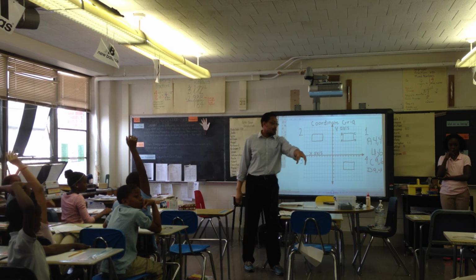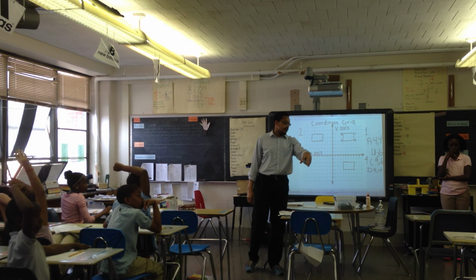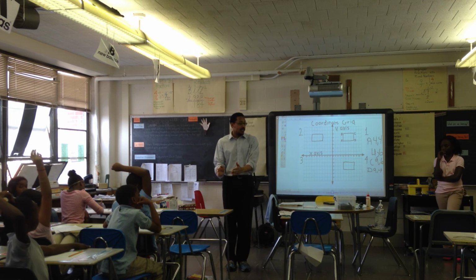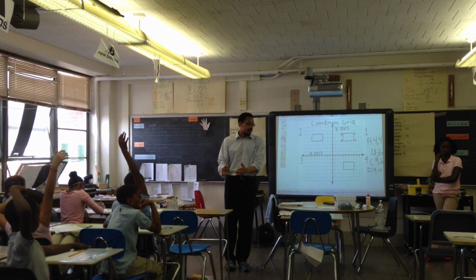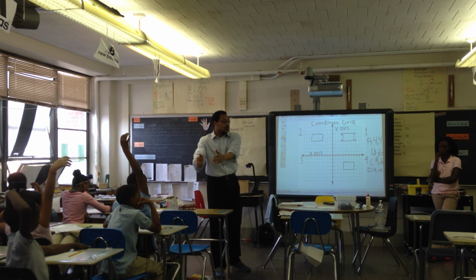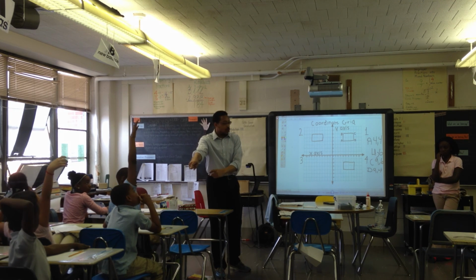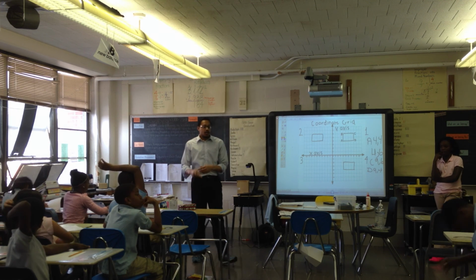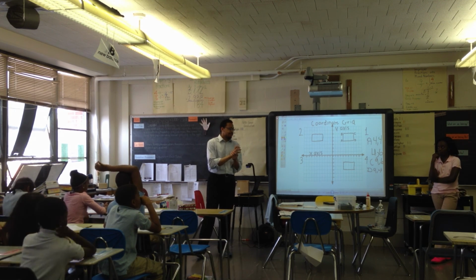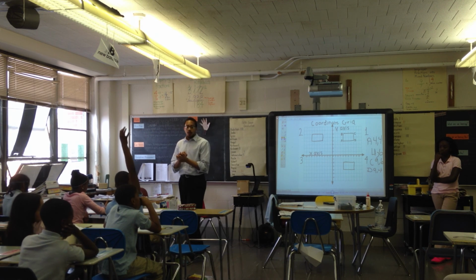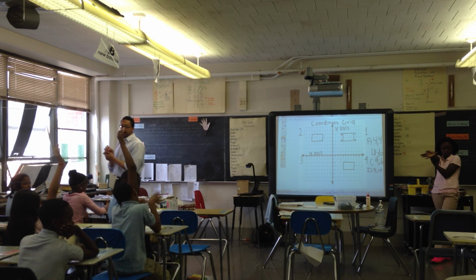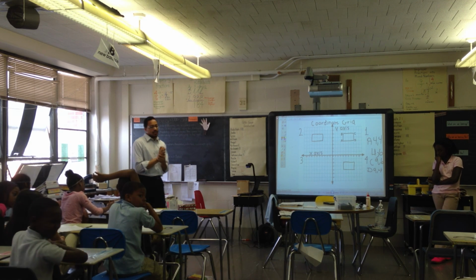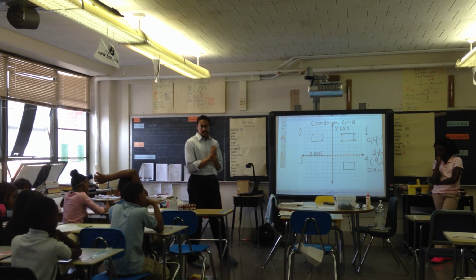So if 0, 0 is here, right, Jamisha? If 0, 0 is here, and I go over +1, you still looking? And up 2, who is sitting at +1, 2? Yeah, very good. Who is sitting at -1, 4? Melanie? Robert, very good. Who is sitting at 2, 3?